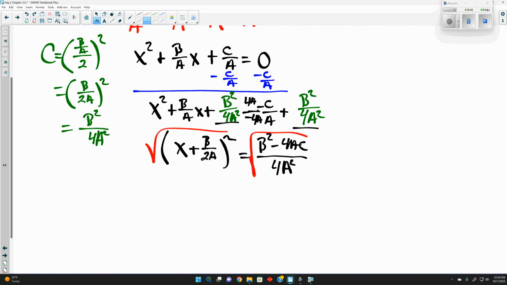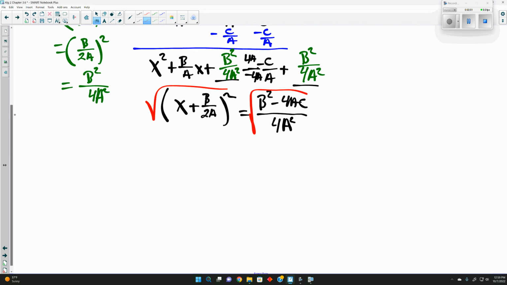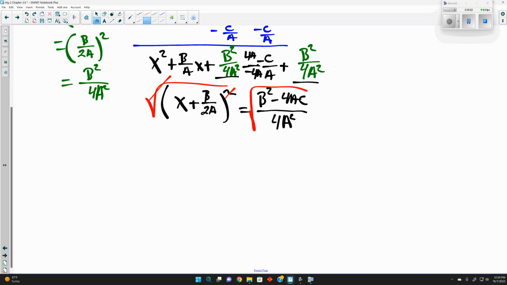At this point here, we would square root both sides. These two will cancel, telling us x plus b over 2a is equal to plus or minus, on top, the square root of b squared minus 4ac. On bottom, the square root of 4 is 2. The square root of a squared is a.